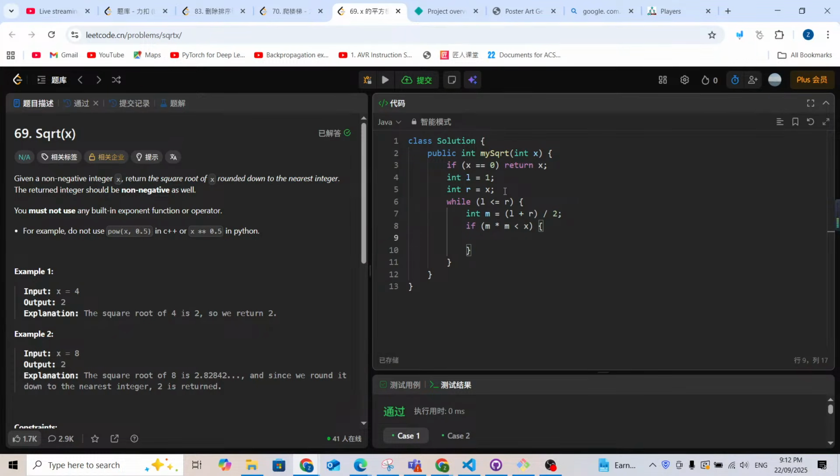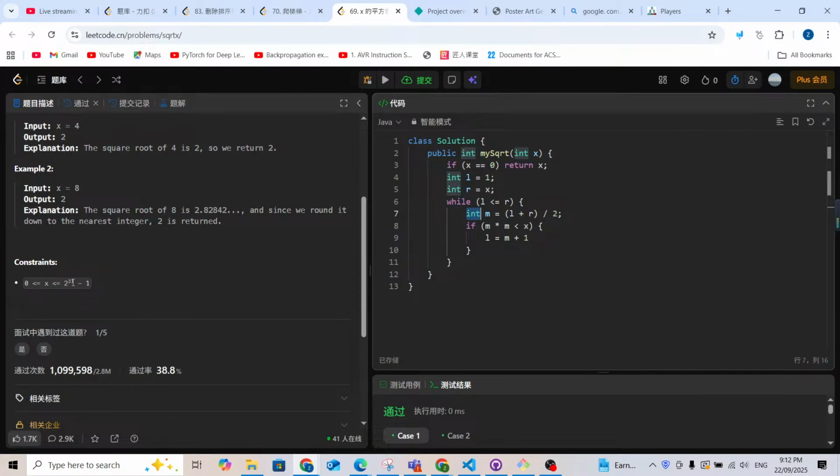This means the number is too small, so we need to increase it, and L is going to equal m plus 1. But we cannot use m times m, because this number can have overflow problems. It can be more than 2 to the power of 31 minus 1. So this is why we use m less than x divided by m.